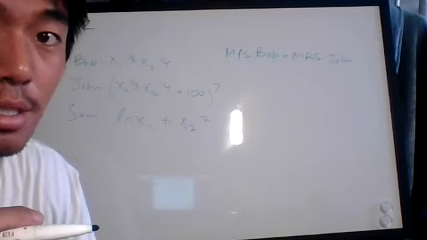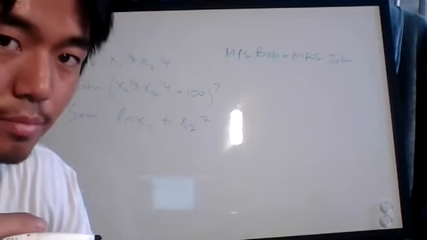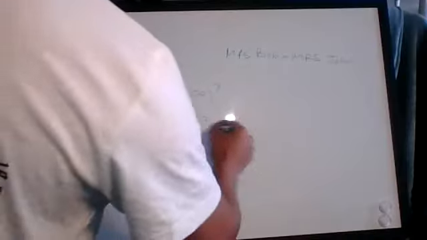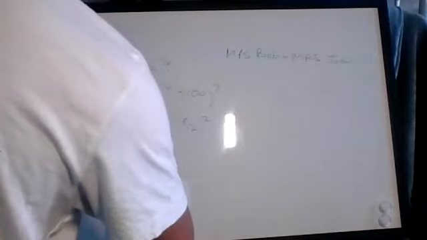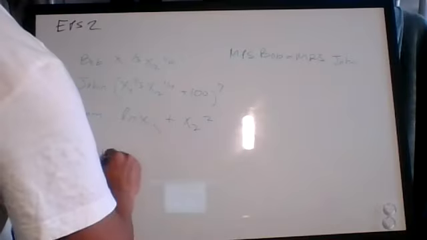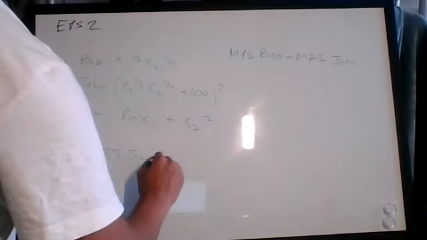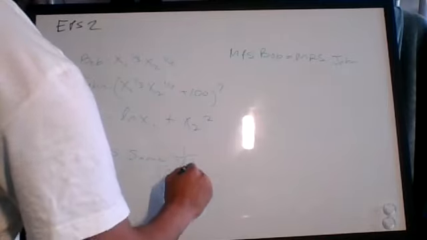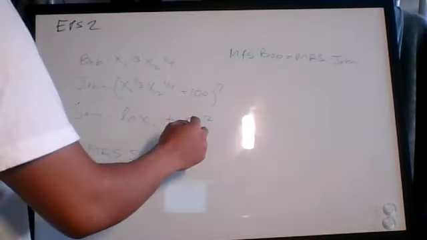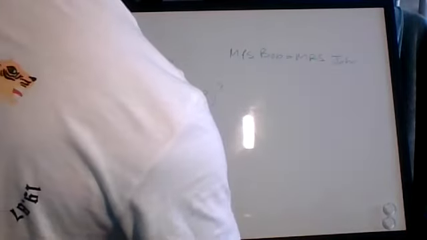Sam's MRS is 0. Let's take a look at his MRS. The marginal utility of good 1 is 1 over x1, and the marginal utility of good 2 is 2x2, right?